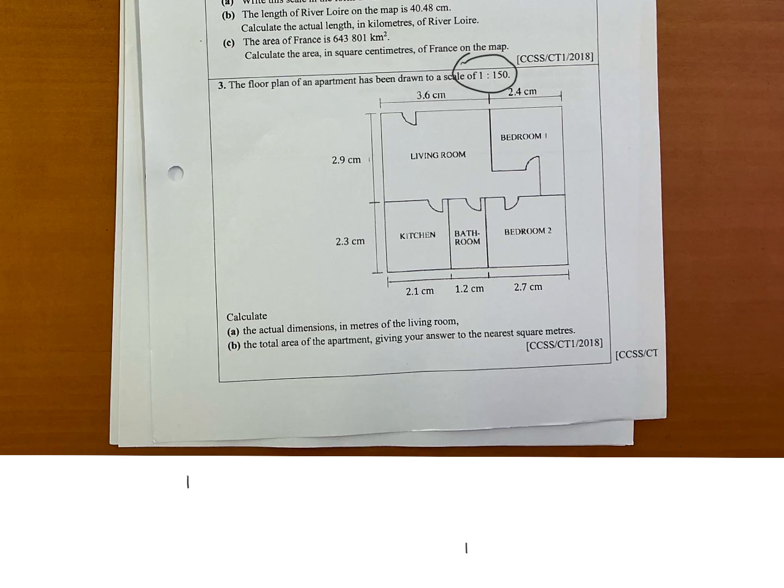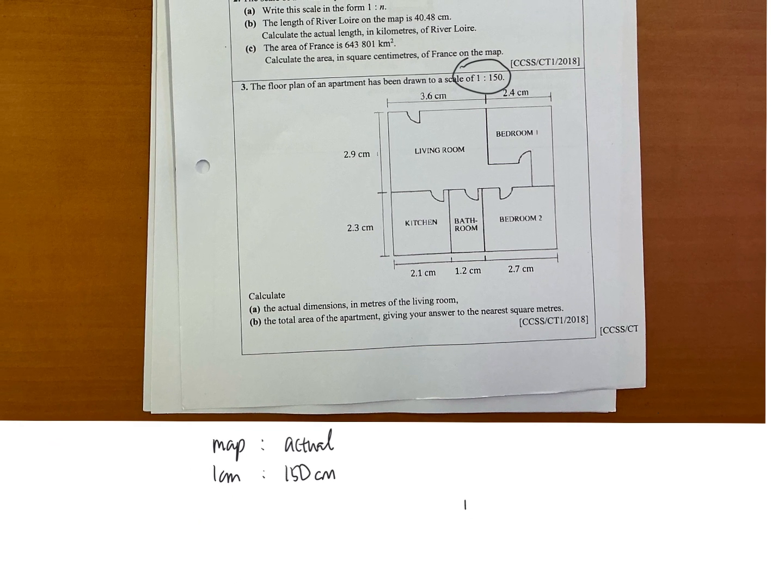Map is 1 cm. Actual is 150. So actual dimensions of the living room 2.9. So you just do 2.9 times 150. Yes. Okay, go and get.